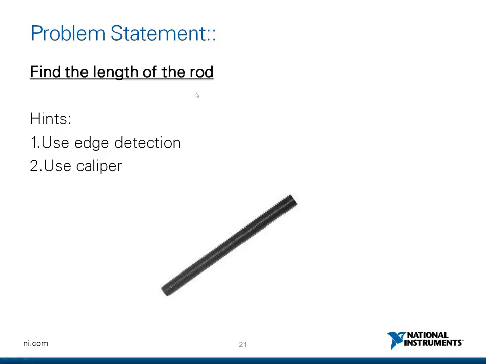So the contest of the week that is open now, and we request all the enthusiasts to participate, is to find the length of the rod in the image that has been given in the link below. Hence, use edge detection and use caliper. Caliper is basically a step that gives the distance between two points in an image.